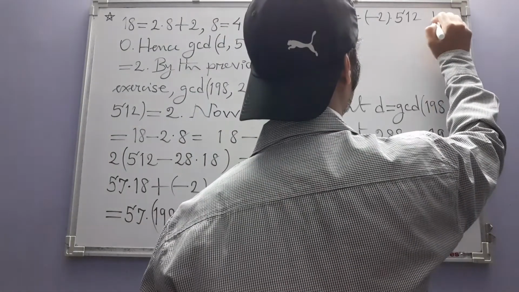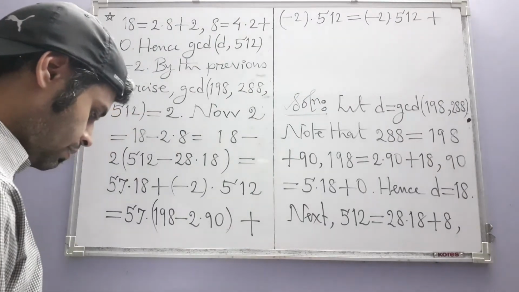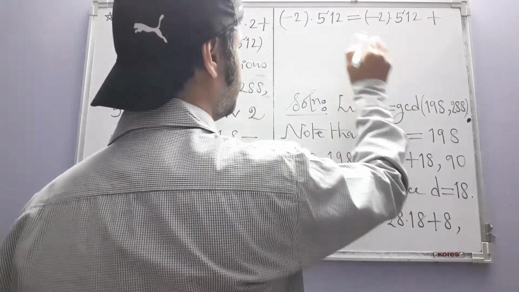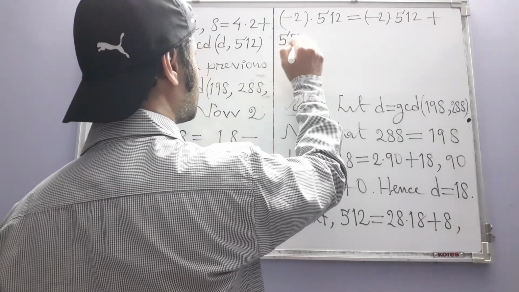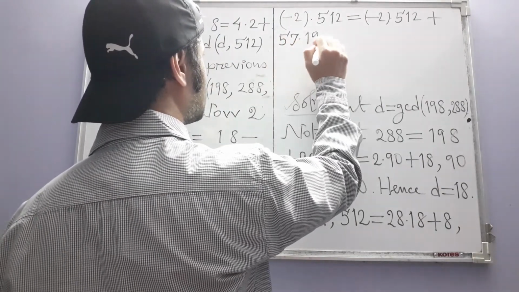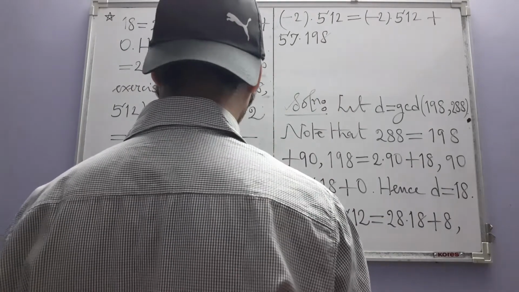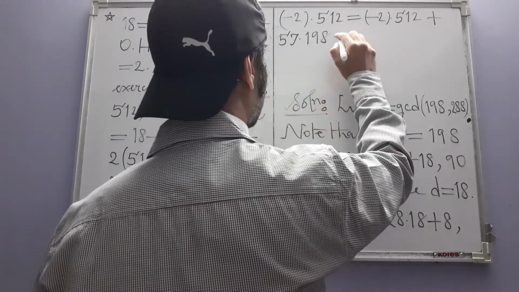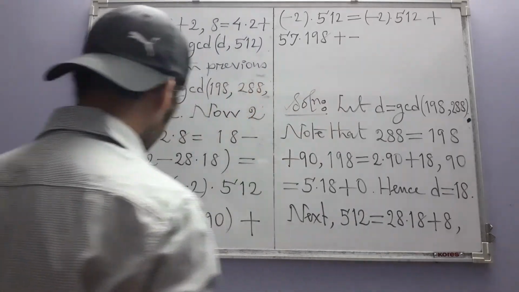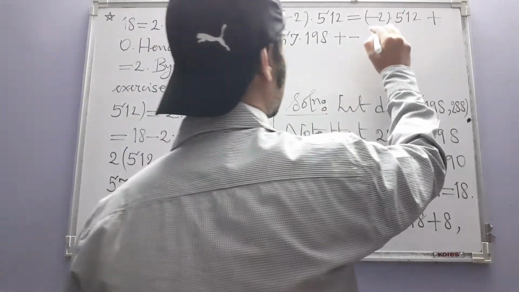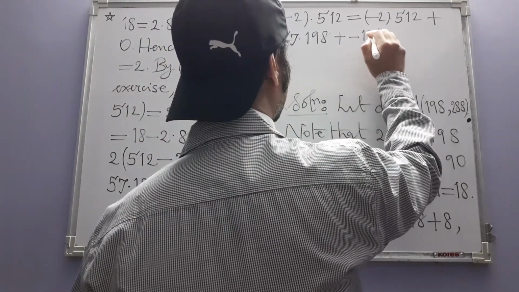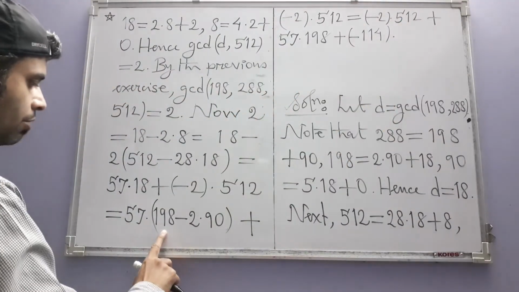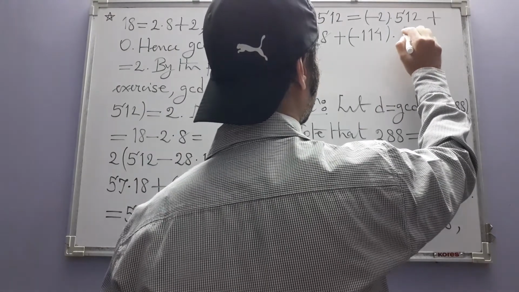Plus 57 times 198, because here we have to do only multiplication, plus minus 114 times 198.